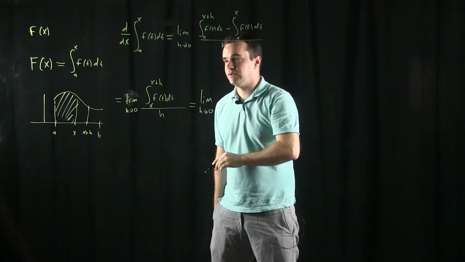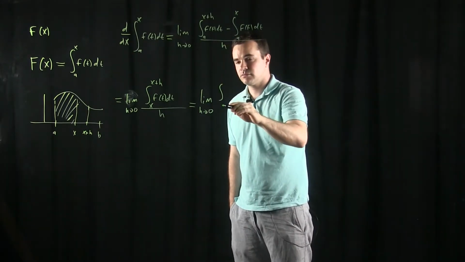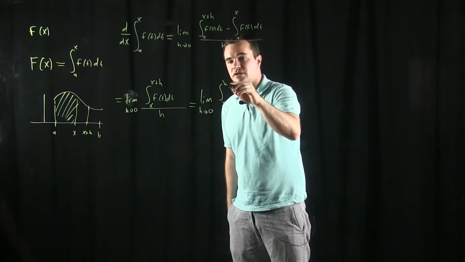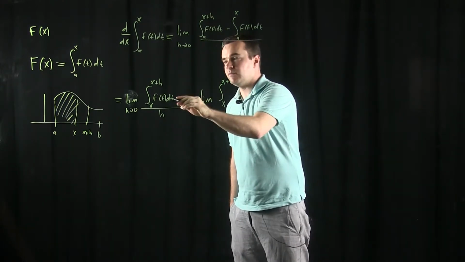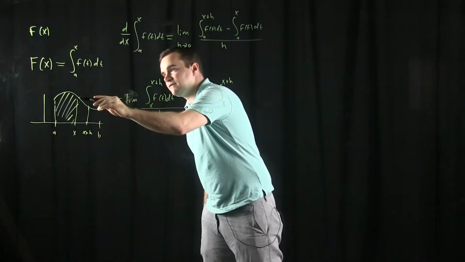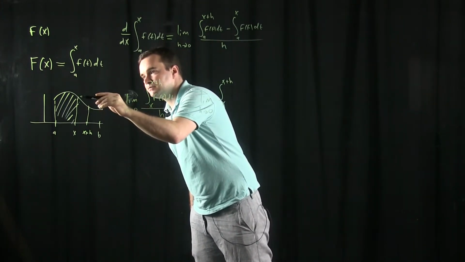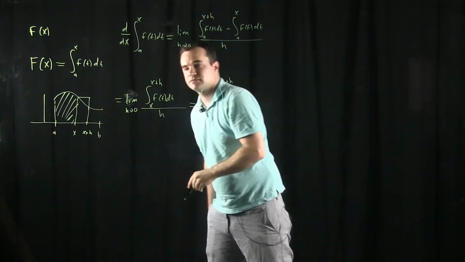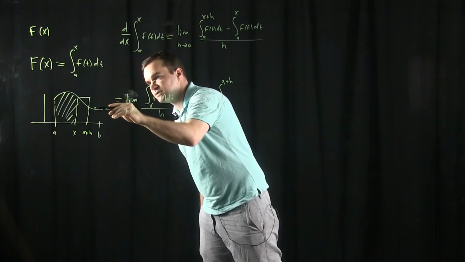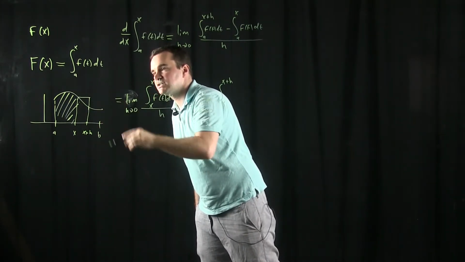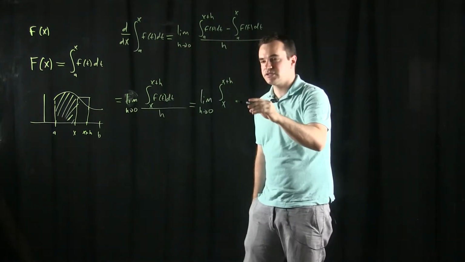Since we're taking a limit, to replace this integral with what it's approximately equal to. So instead of just looking at f of t, I can replace f of t with its value, f of x. Instead of f of t from x to x plus h, if h is small, the value won't change very much, and then this straight line will be a good approximation.